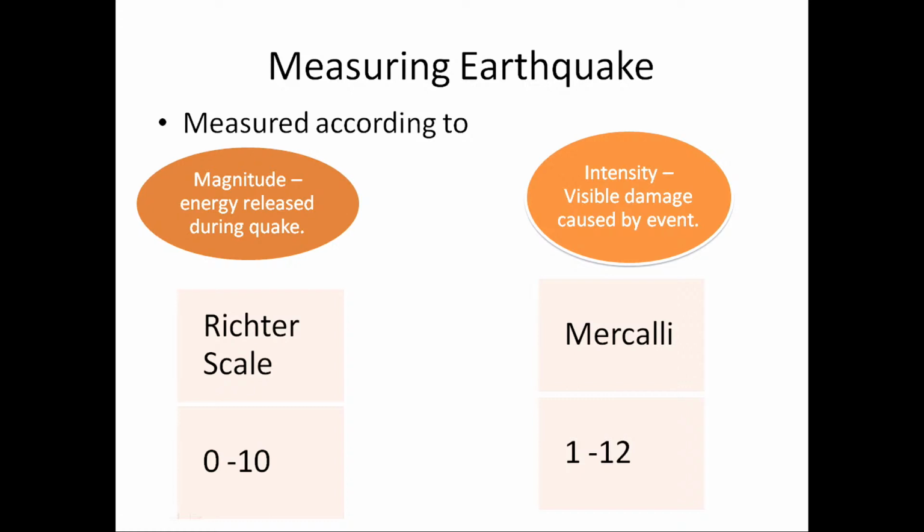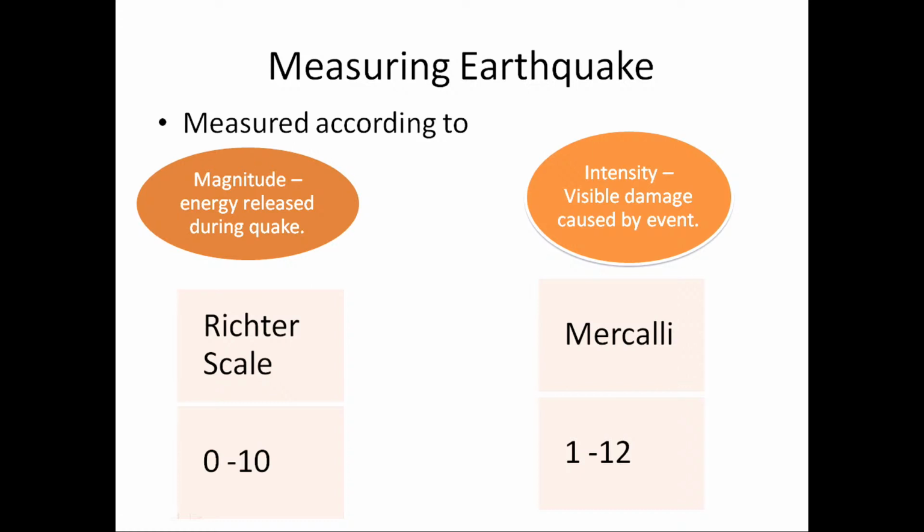The Richter scale is one of the most popular scales which we use, and it ranges the release of energy between 0 to 10. Whereas we have another scale, which is intensity. That means the damage which has been caused because of the earthquake. To measure that, we have the Mercalli scale, which measures from 1 to 12.